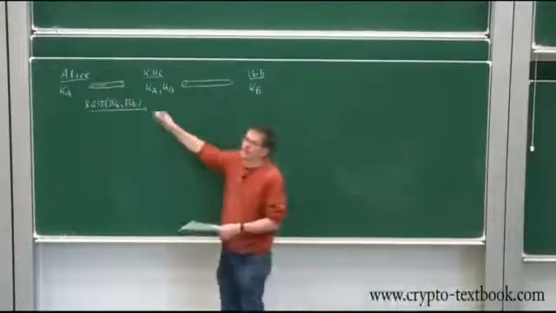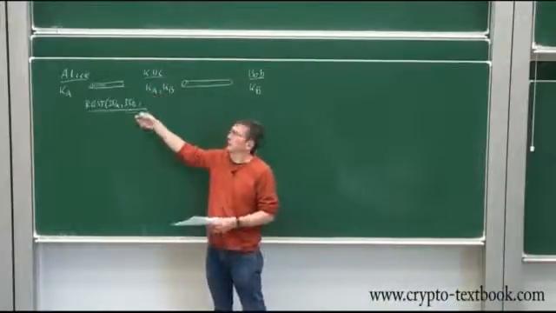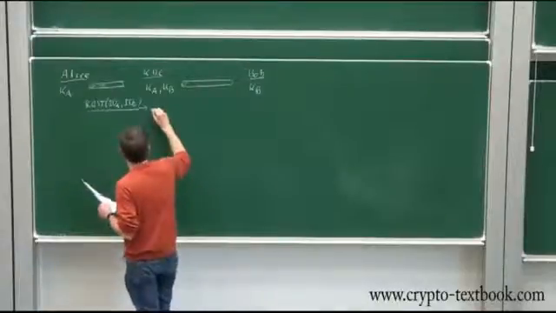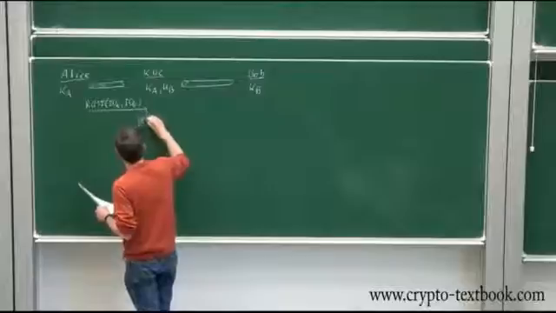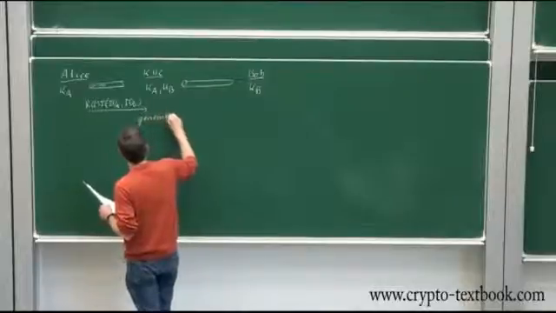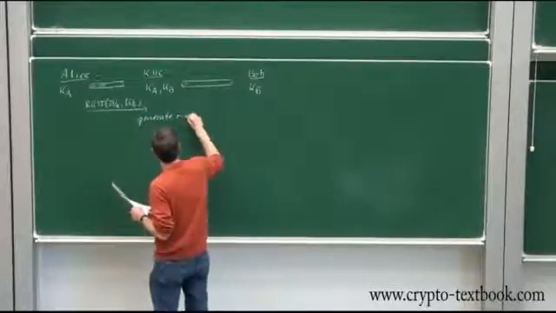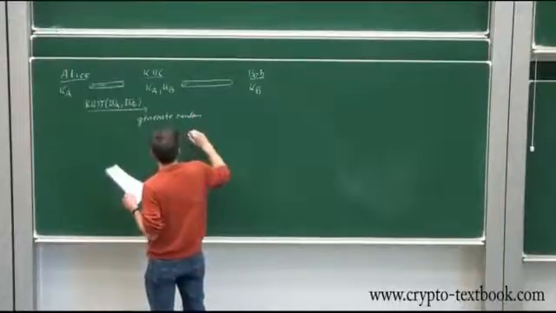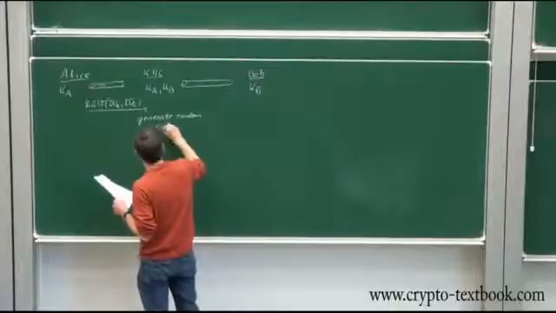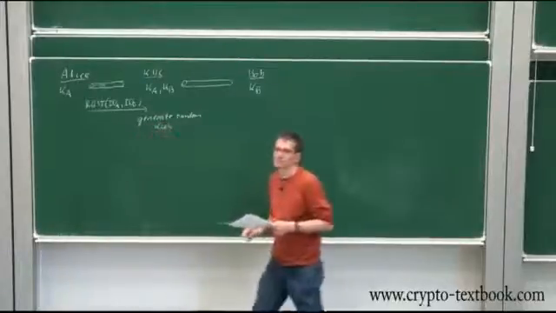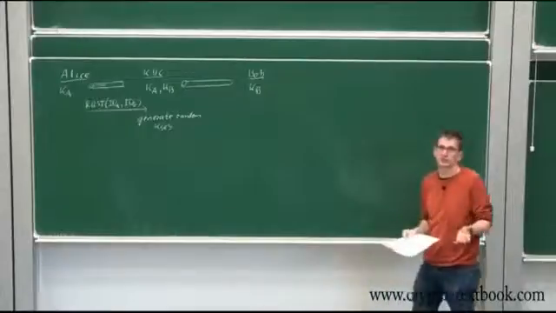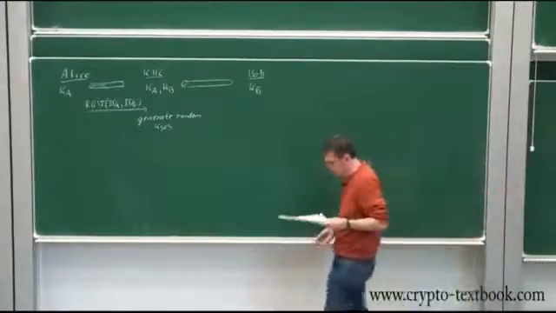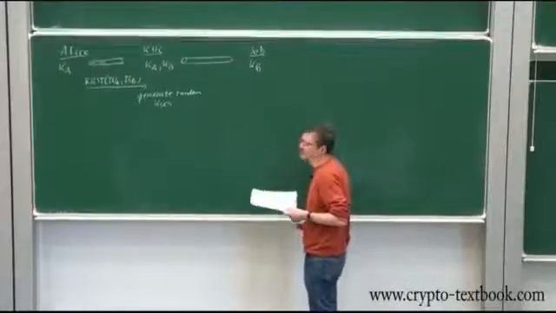So now the KDC sees, oh, Alice and Bob want to communicate. What he does, he generates a random K session, the random session key, which in the past we called KAB, but now we call it session key.